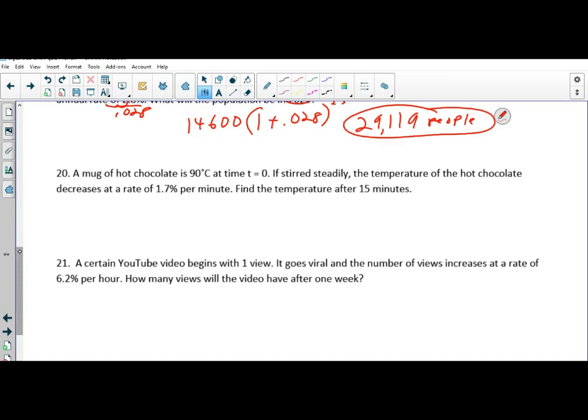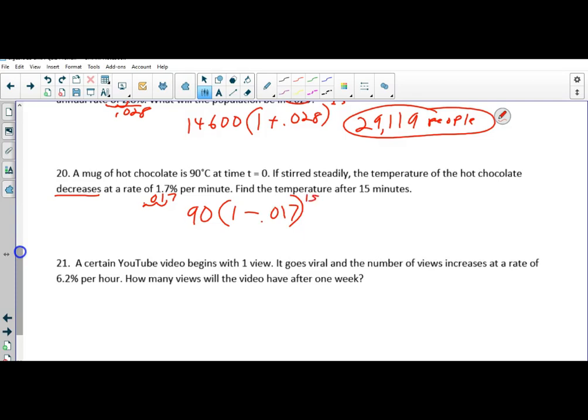A mug of chocolate is 90 degrees Celsius when it starts. If stirred steadily, the temperature of the hot chocolate decreases, so that's decay, at a rate of 1.7%, that's 0.017, to the left, to the left, per minute.